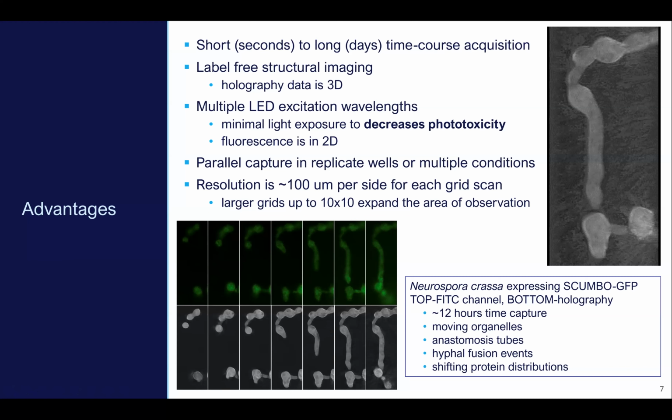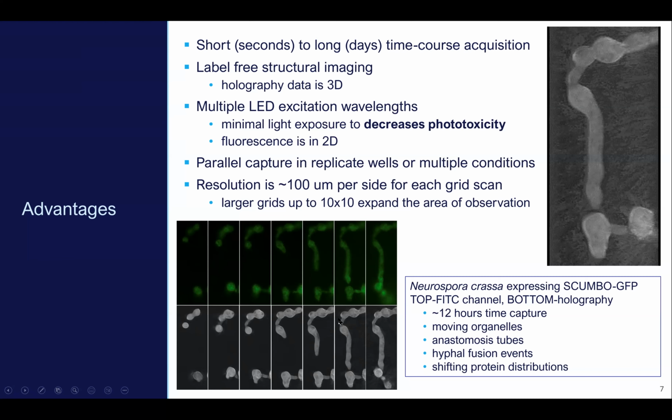So the protein is a sphingolipid methyltransferase that is involved in a number of different processes, but it has a fusion to GFP, and you can see that the protein distributes itself throughout the cell, and the platform allows you to see those densities of the protein distribution. And at the same time, you're able to collect data like moving organelles.